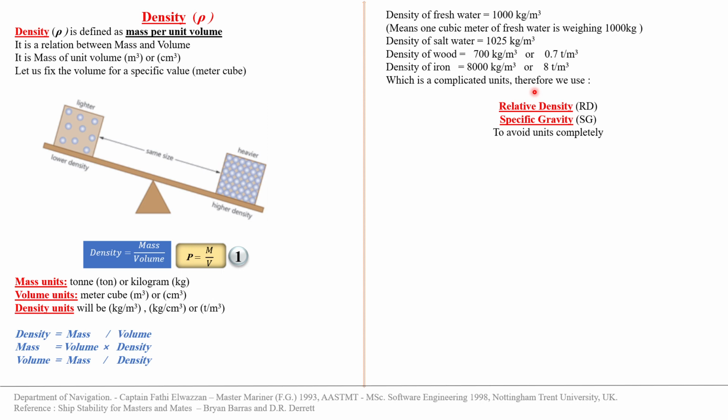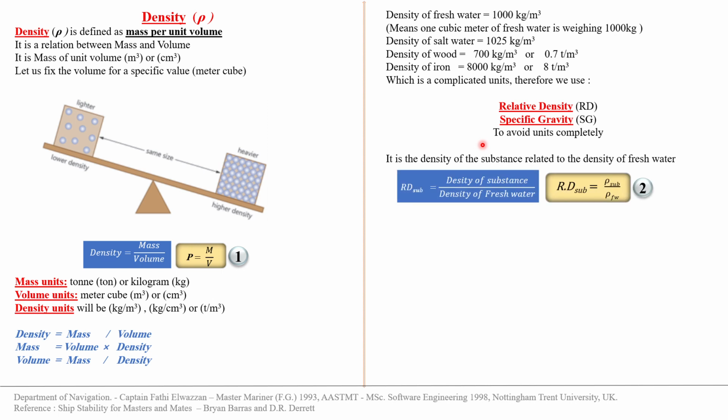That's why they created relative density and specific gravity. Both of them are the same. They are created to avoid units completely. Fresh water density will be our unit, and we start to compare all substances' density to the fresh water density.